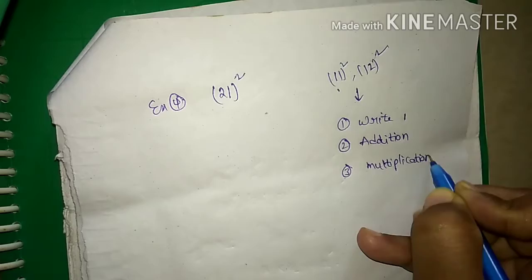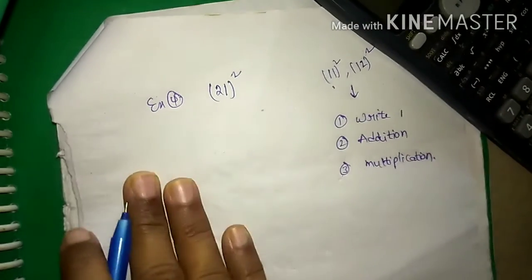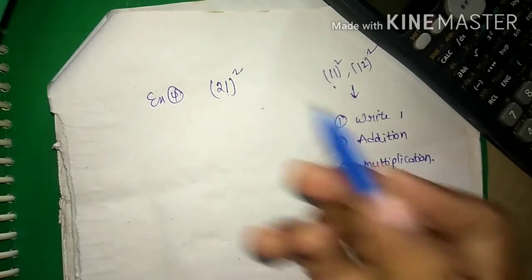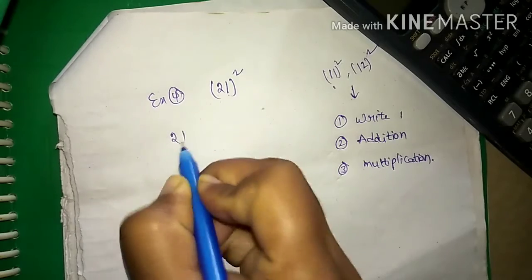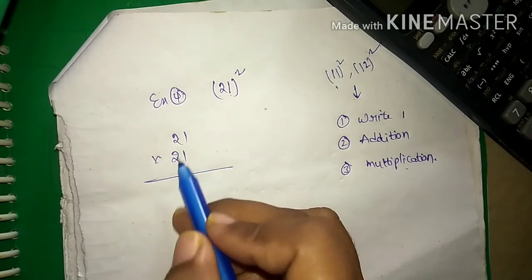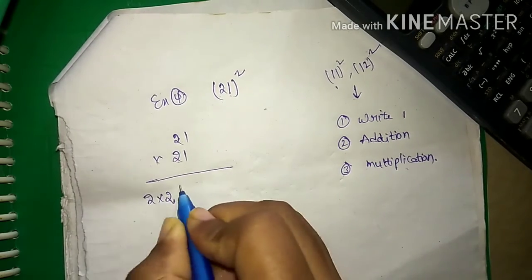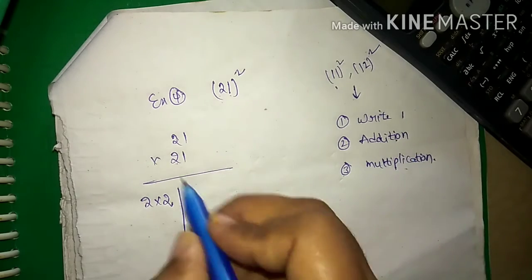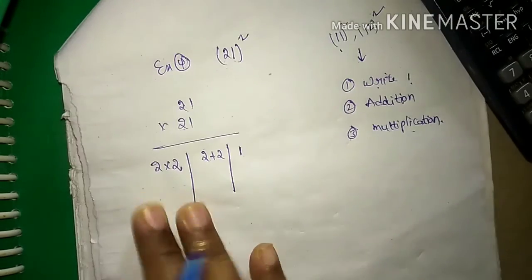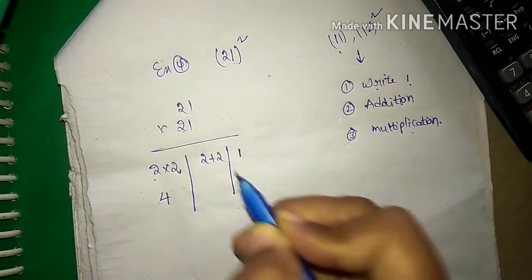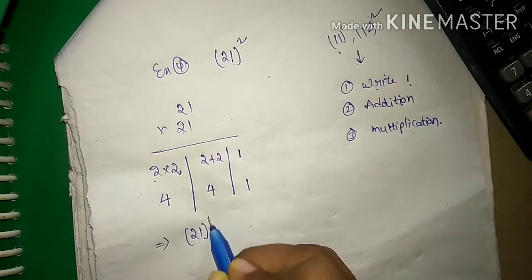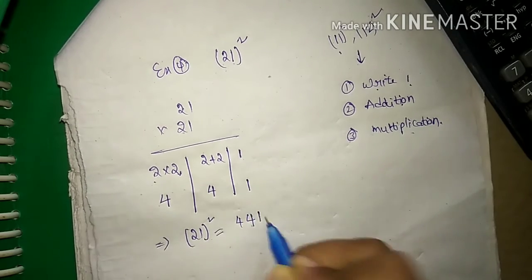Here the process is reverse. For a number that ends with 1, the first step is multiplication, 2 into 2, the second step is addition, so 2 plus 2, and the third step is we have to write 1, right? So 2 into 2 is 4, 2 plus 2 is 4, and 1, so 21 whole square is equal to 441.